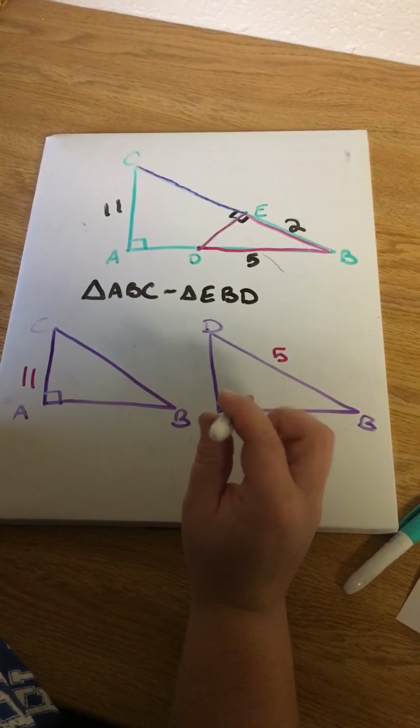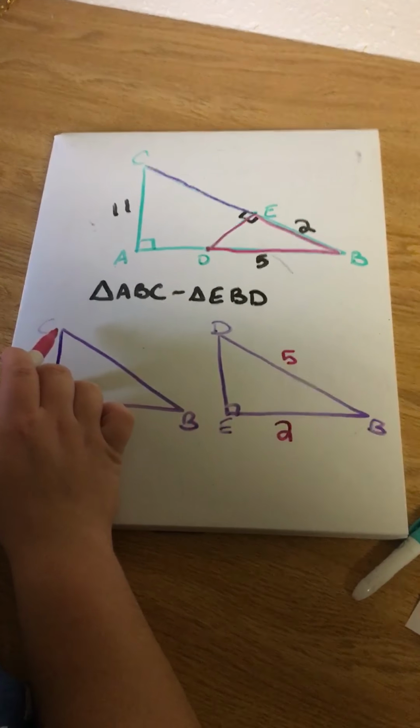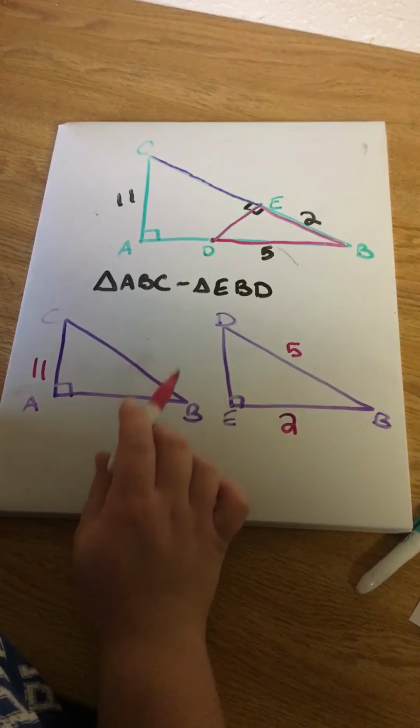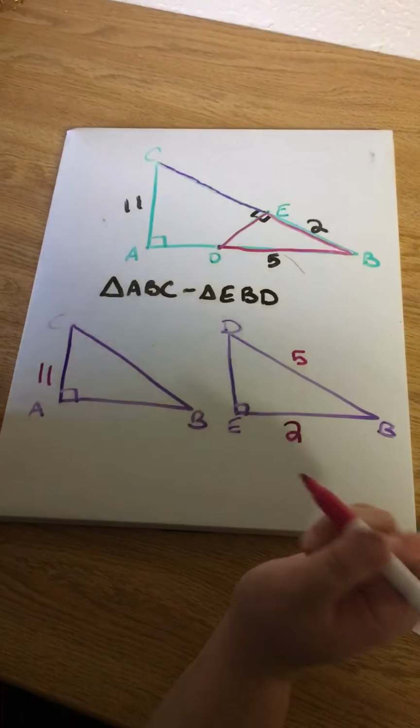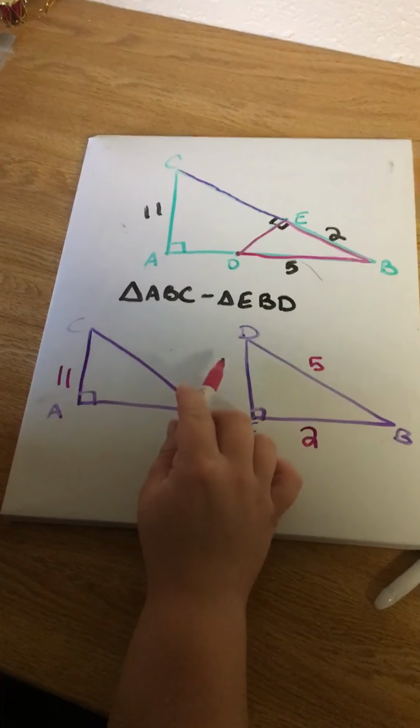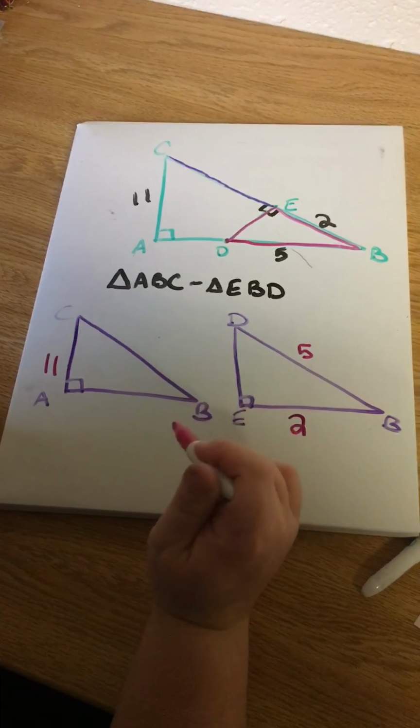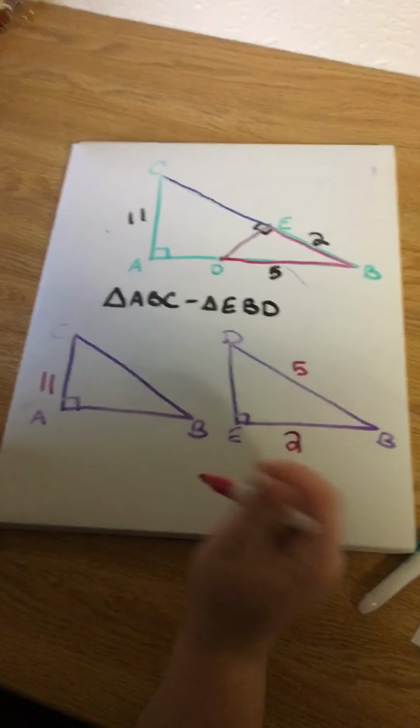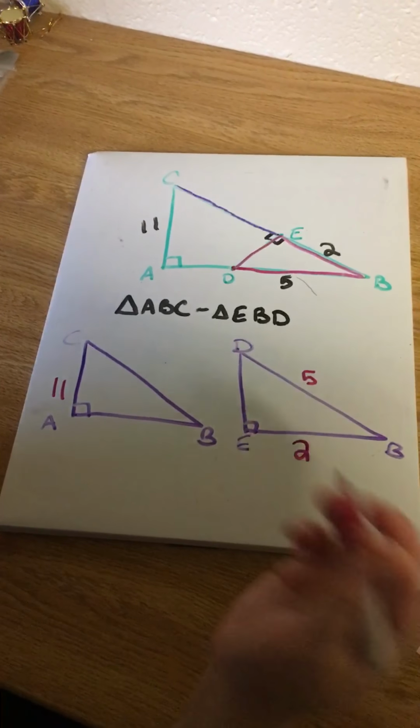So what we need to do is find CB here in order to find CE. We don't have this side length on the other similar triangle to set up a ratio, so what we can do is just use the Pythagorean theorem to find it.